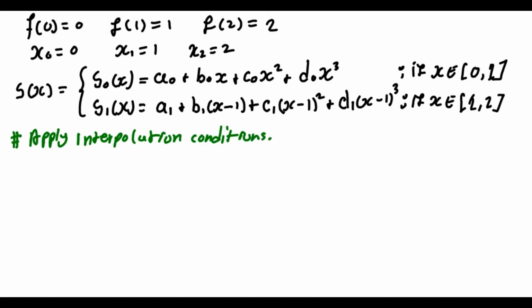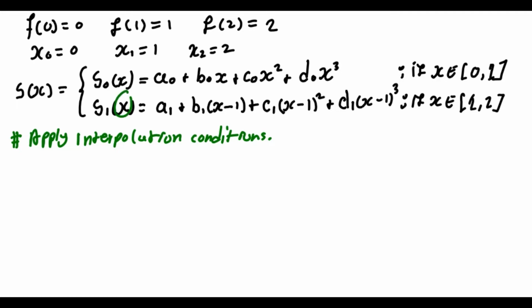That's the first thing that you have to do. Apply the interpolation conditions. What do I mean? It simply means apply the interpolation condition for S naught of x on 0, 1. That means you substitute for 0 here, and again substitute for 1.